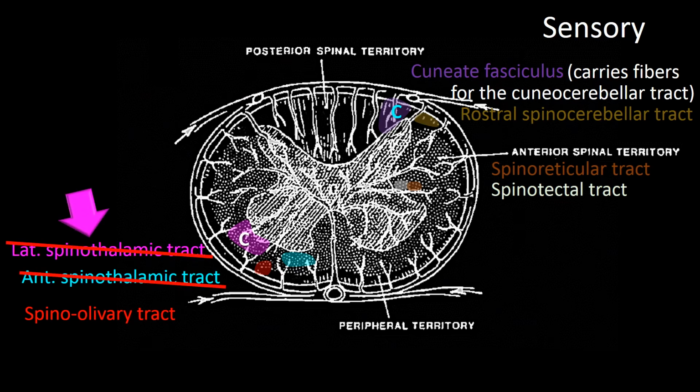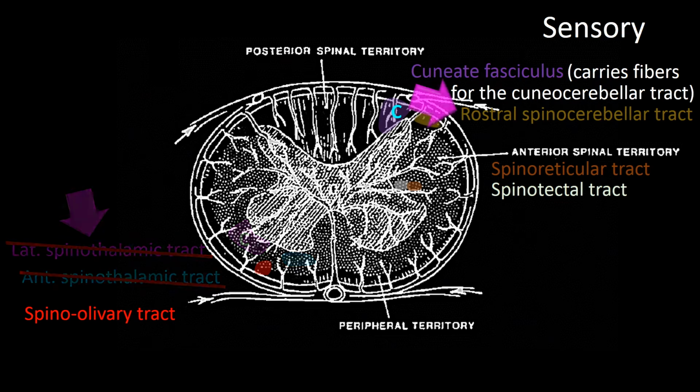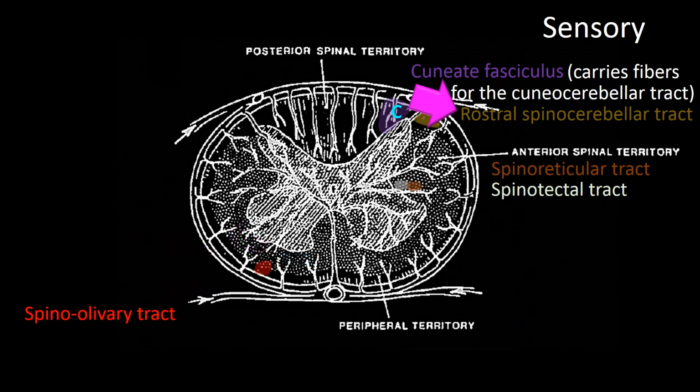So, the anterior and lateral spinothalamic tracts do not have any relay nuclei in the brainstem and are therefore eliminated from contributing to P13-14. The rostral spinocerebellar tract and the spinotectal tract do not have any connecting nuclei at the level of the medulla, therefore they do not contribute to P13-14.